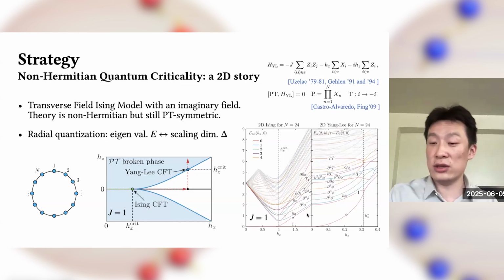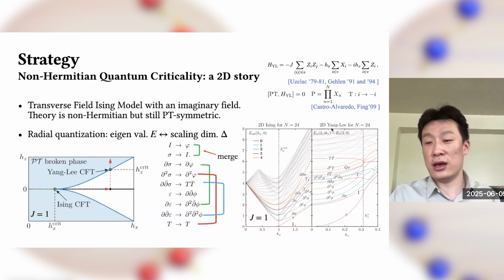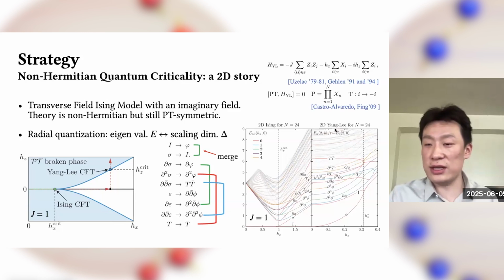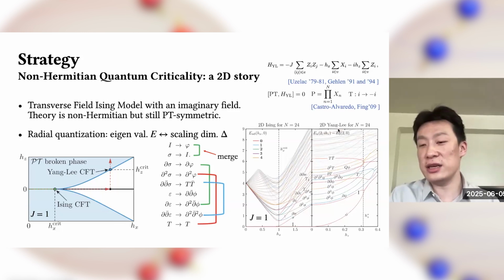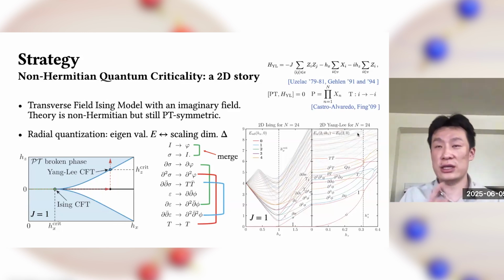What we found, and later also in 3D, is that the correspondence between the operators in Ising and the operators in Yang-Lee, and also the pattern of how the Yang-Lee states merge, like the two real eigenvalues merging into a complex conjugate pair, stay stable.